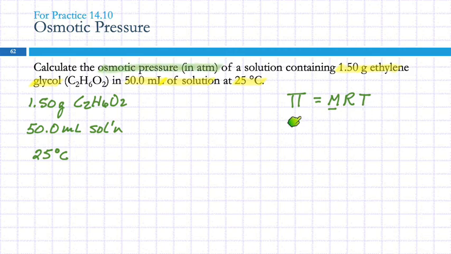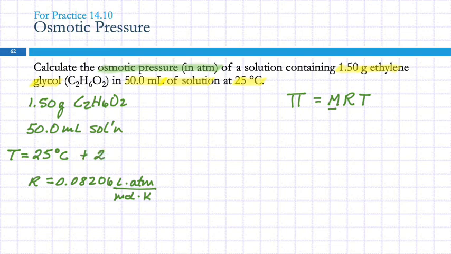So we're going to use this equation, and it's set up to calculate the osmotic pressure, but we need to know the molarity, the ideal gas constant, and the temperature in kelvins. So the ideal gas constant is going to be 0.08206 liter atmospheres per mole Kelvin. We can convert our temperature to Kelvin.